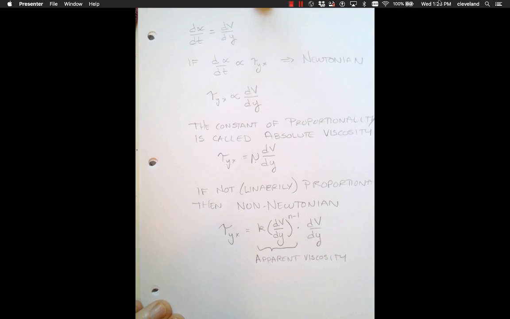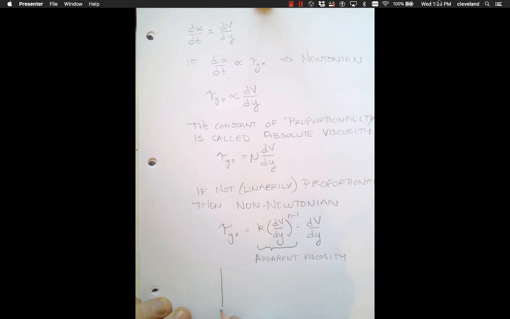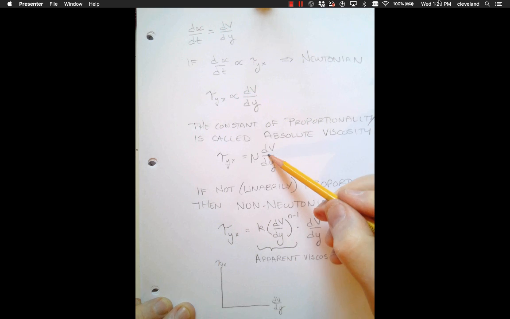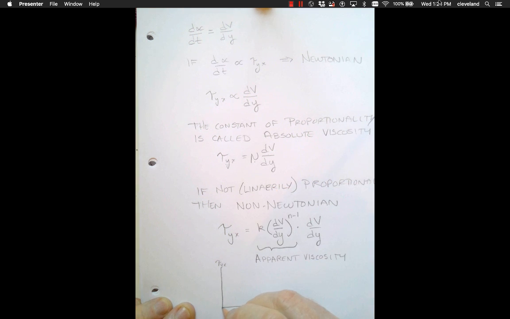And it's not too hard to look at the structure of this. Apparent viscosity, dV/dy on this axis. Here on this axis, a Newtonian fluid simply says that there's some constant slope, that's going to be mu over 1.